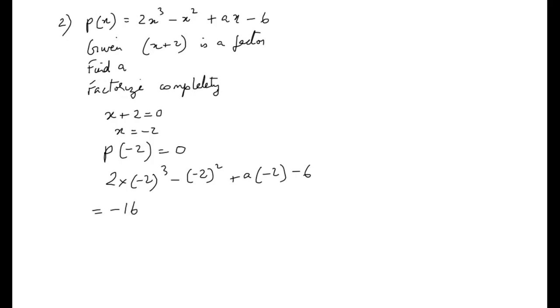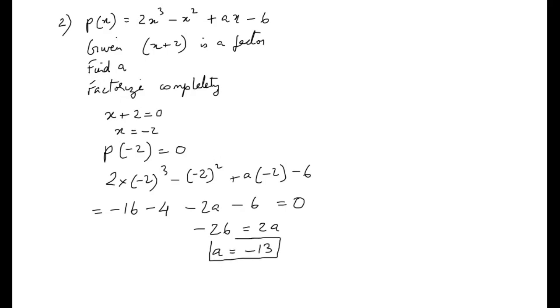The minus gets squared and becomes plus, so that's a minus 4, minus 2a, minus 6 is equal to 0 because it's a factor. So I get minus 16 minus 4 is minus 20, minus 6 is minus 26, is equal to 2a, and a is minus 13.